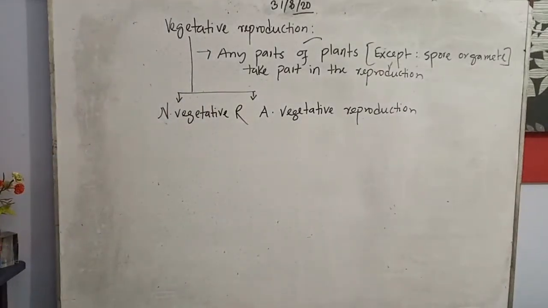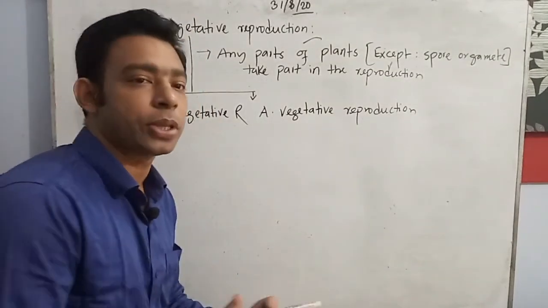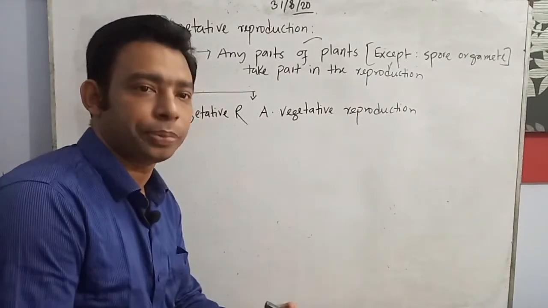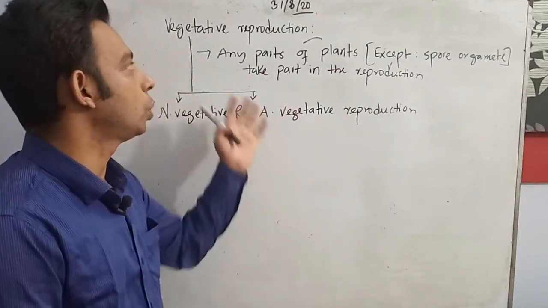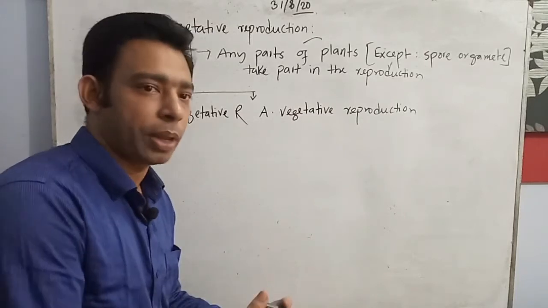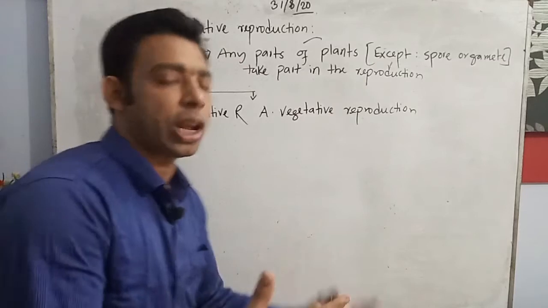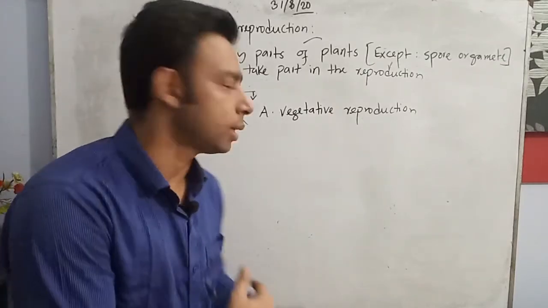They grow naturally, with the connection of specific parts. In that case, they can grow naturally. So that is the natural vegetative reproduction. There are many ways of natural vegetative reproduction, and which type of plant and which way it can be done, we will discuss.